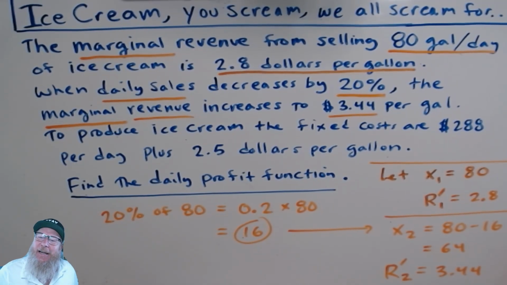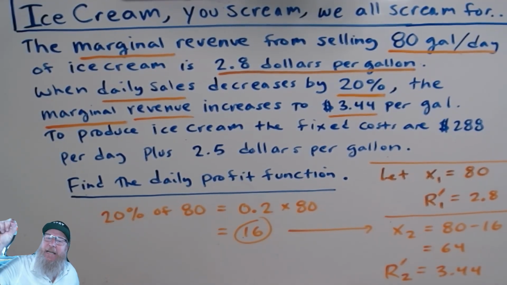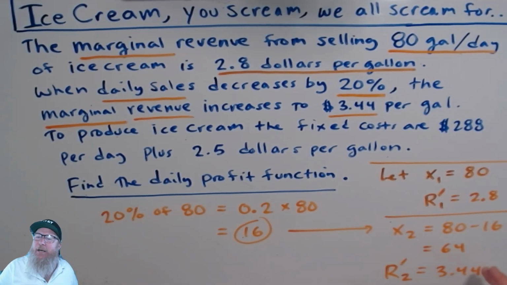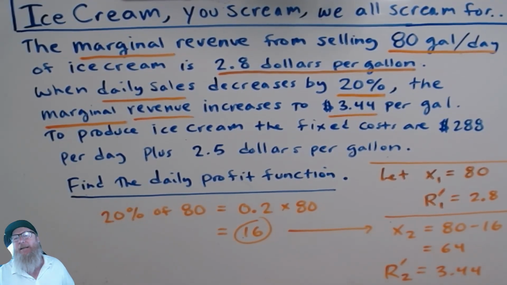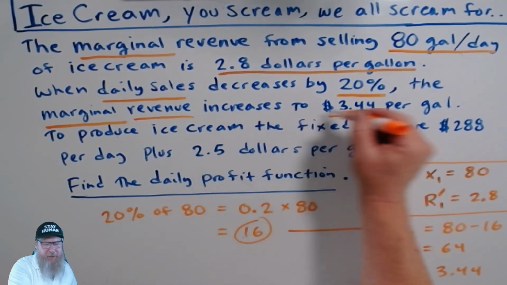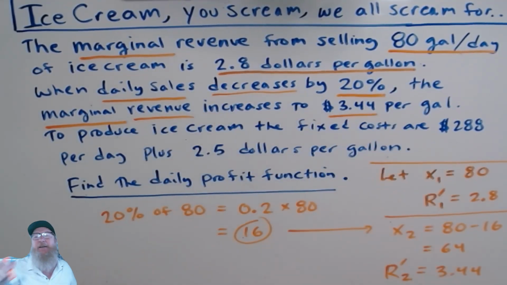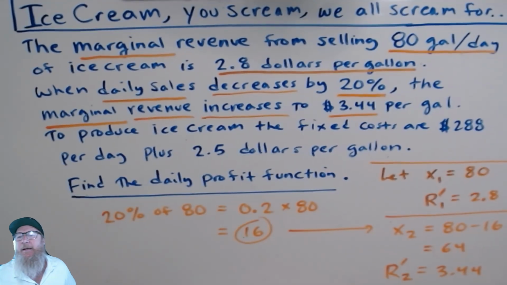It's interesting how that works, but you can draw a very accurate graph and look at the slope at each point, and you'll see that when you sell less ice cream, or it doesn't even have to be ice cream, the individual increase for each unit is going to be more. So as the sales decrease, the margin increases. Okay.